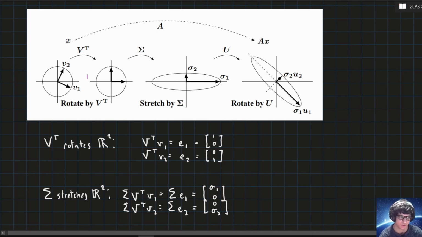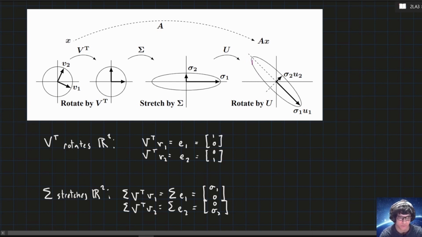So what it does on the whole space is it rotates it and then it stretches it like this. So this unit circle turns into this ellipse. By breaking it down like this, we see exactly the rotation, we see exactly the stretch, and most importantly, we see how the left and right singular vectors are involved in this.